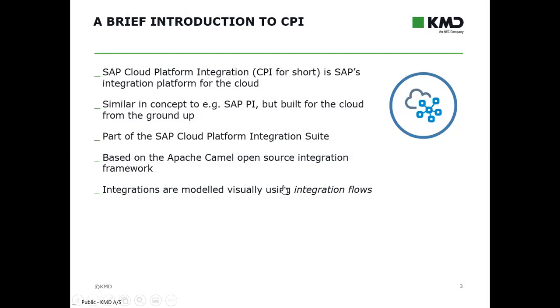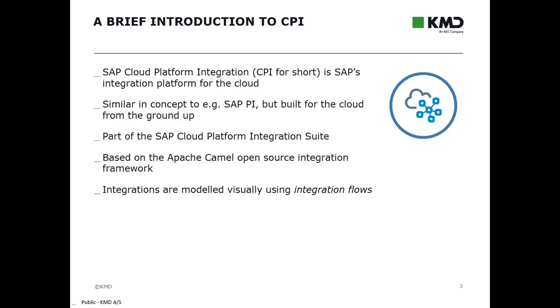Since the topic of today revolves around SAP Cloud Platform Integration, I thought I'd start by giving you a very brief introduction to the platform. So, SAP Cloud Platform Integration, or just CPI, it's shorter. It's SAP's integration platform for the cloud.